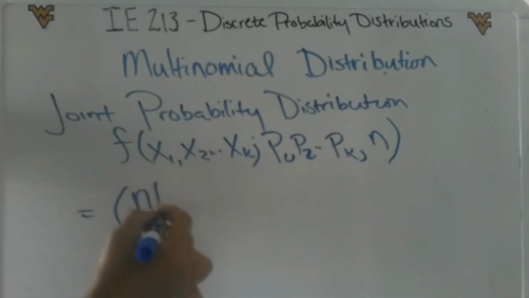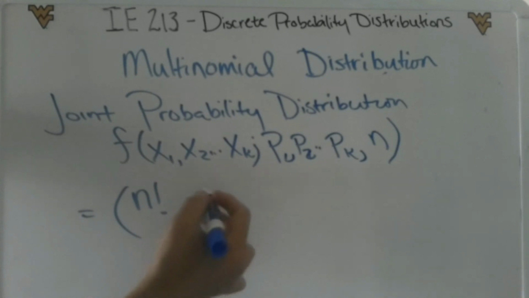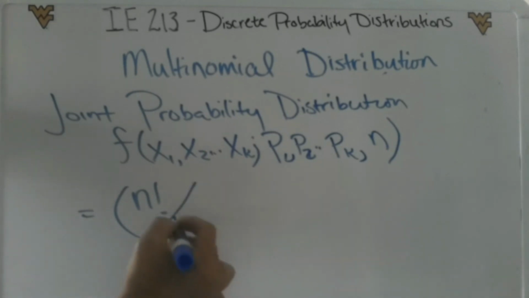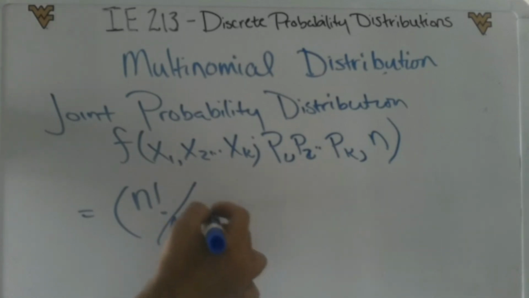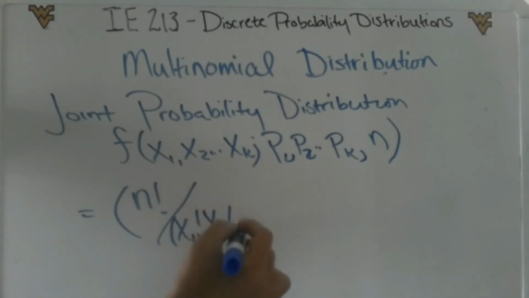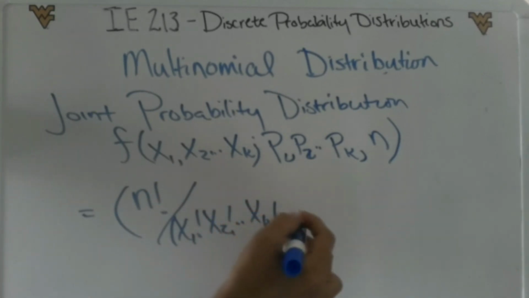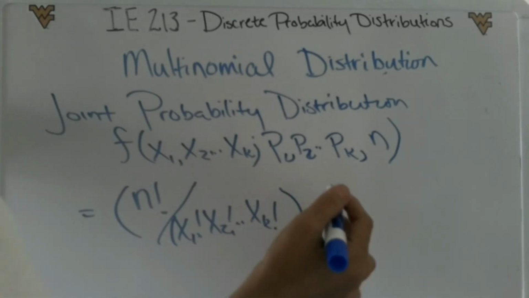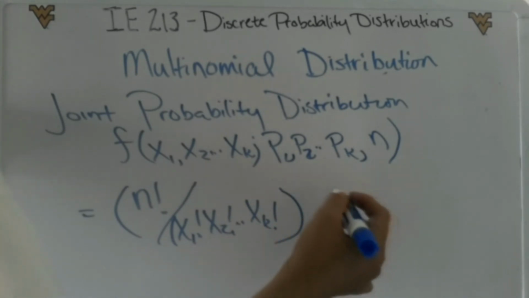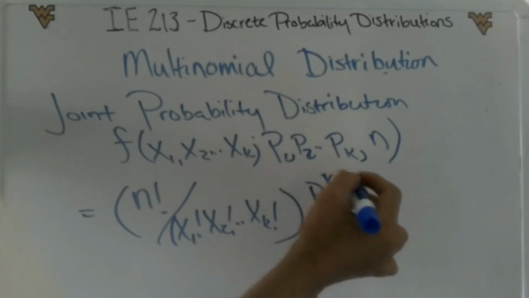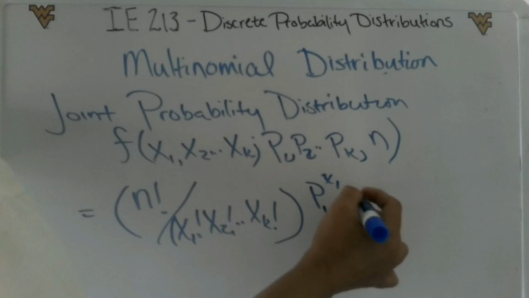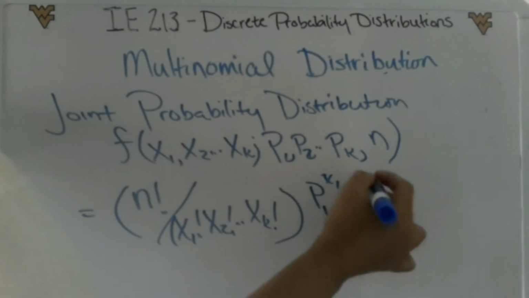That equals n factorial divided by x1 factorial times x2 factorial, dot, dot, dot, xk factorial, and this times p1 to the x1, p2 to the x2, and so on up to pk to the xk.